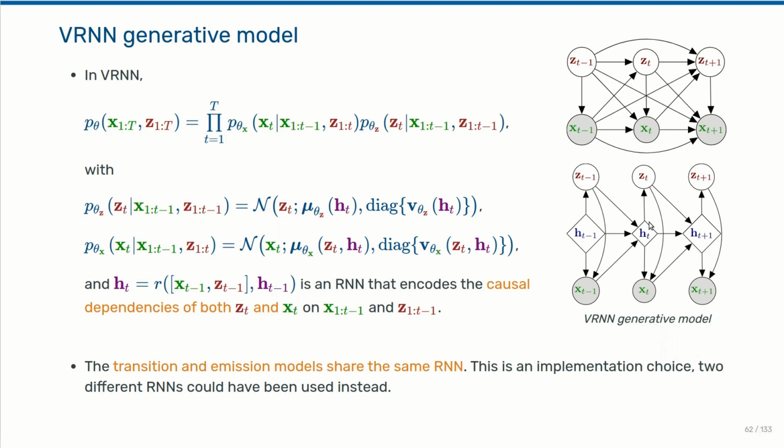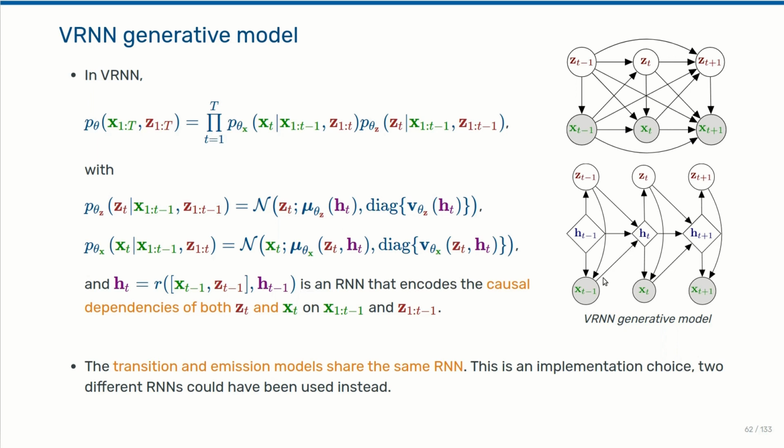It is quite clear from the generative model in what we call developed form. So here you can see HT, which is the recurrent hidden state, which is used to generate ZT, and also XT that exploits as well the information of ZT. So this is the graphical representation of the second and third equation.